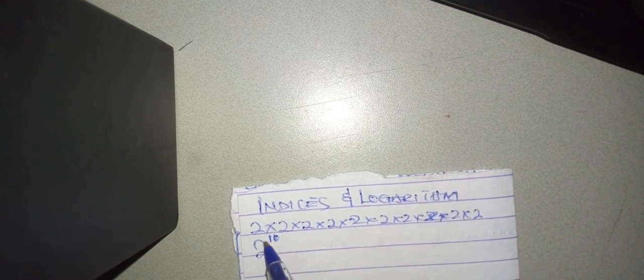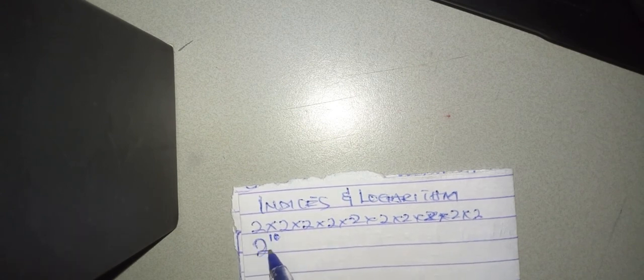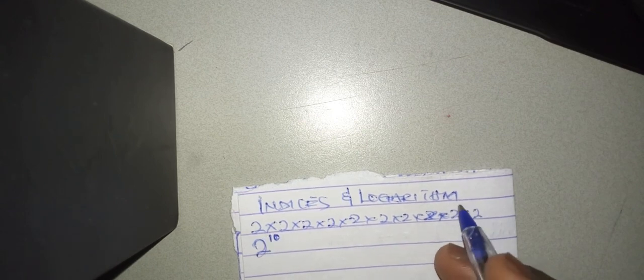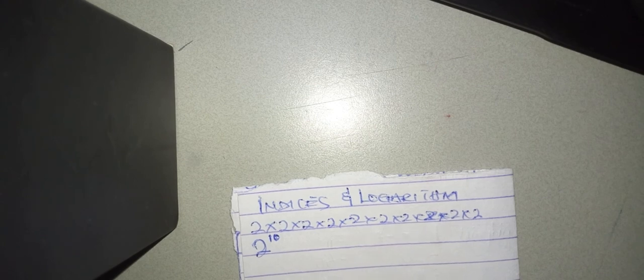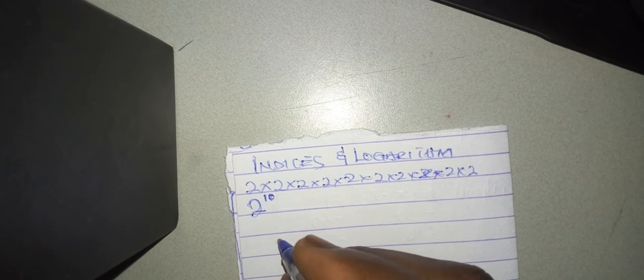And so if you count, you have 10 of those, and this will give you 2 to the power 10. And it is not just simply counting, there's a rule, and in the next minutes I'll go through the rule with you. All right, so let's quickly move on to what we call the first law of indices.